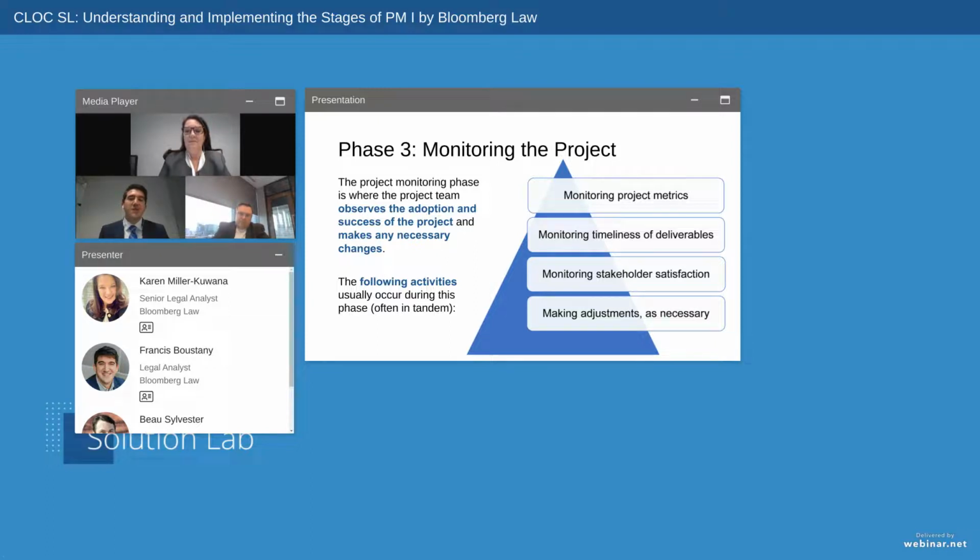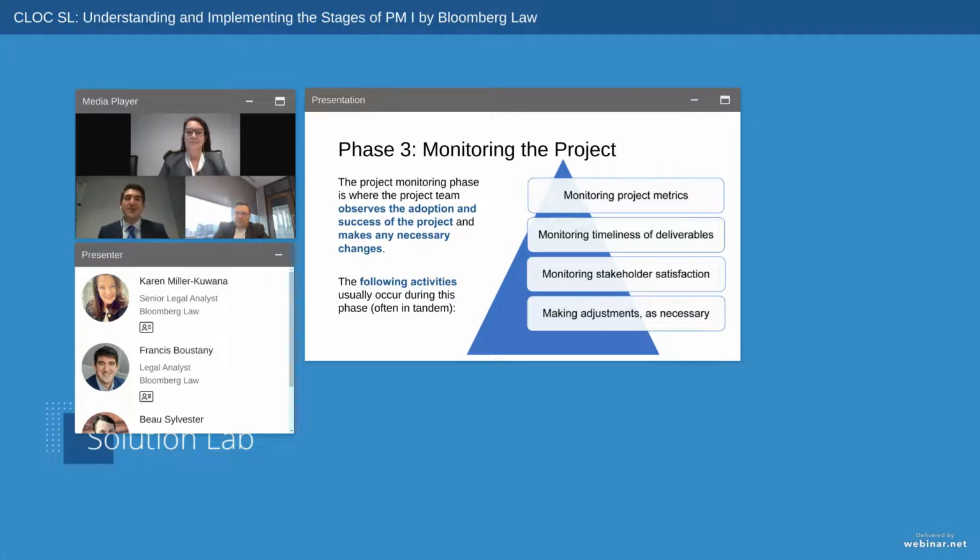Some of the important sub-steps within these parts include, first, monitoring project metrics and budget. In terms of project metrics, it is important for the project team to keep an eye on how the project is performing in terms of both adoption and employee performance. This can help identify areas of improvement where the project team may need to tweak a project or add additional training opportunities.